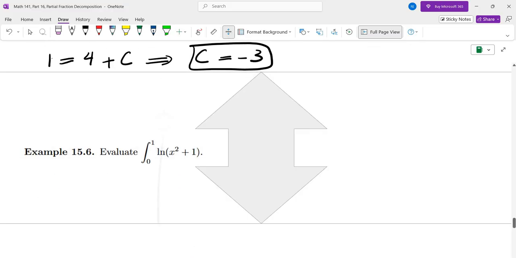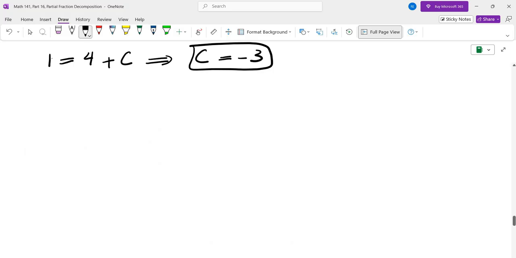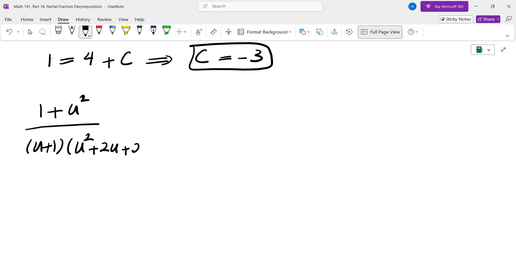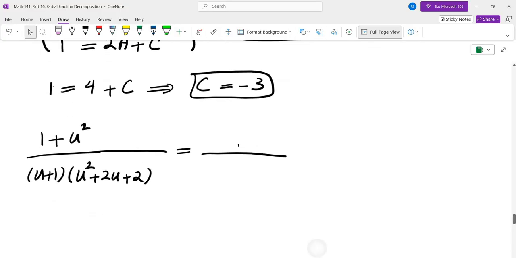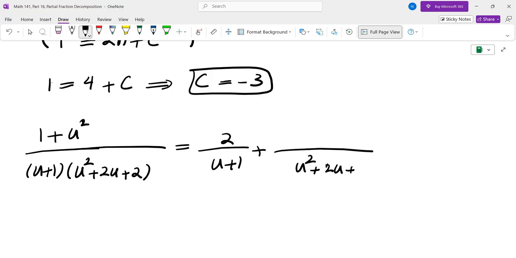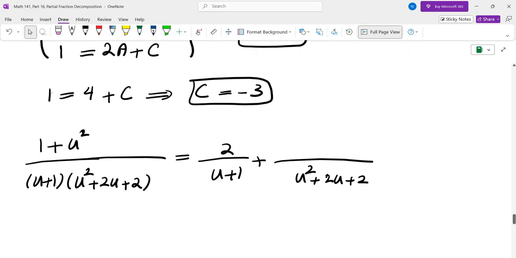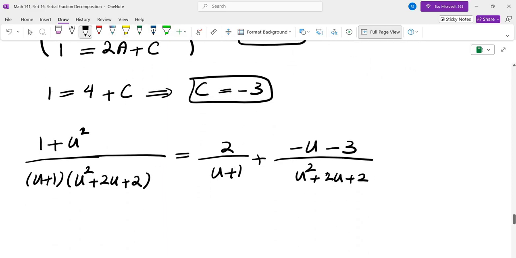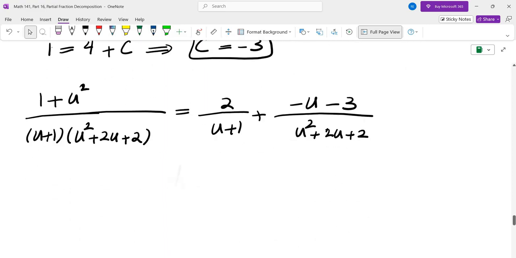So this means the integrand that we had, which was (1 + u²) / ((u + 1)(u² + 2u + 2)), can be written as A, which is 2, over u + 1, plus (Bu + C) over the quadratic u² + 2u + 2 at the bottom.